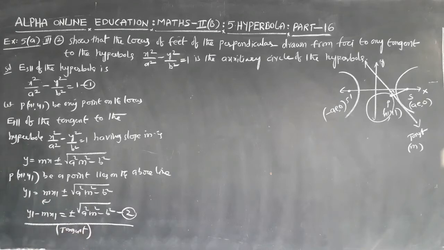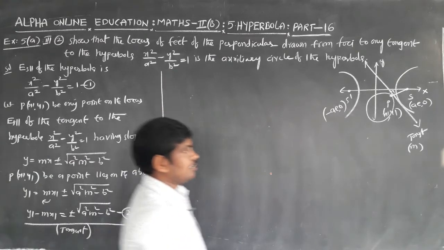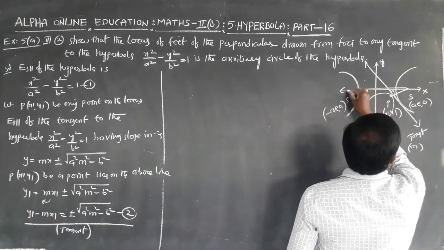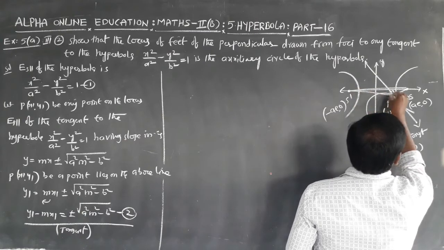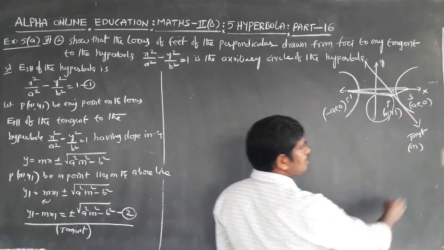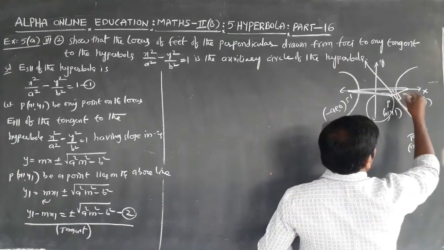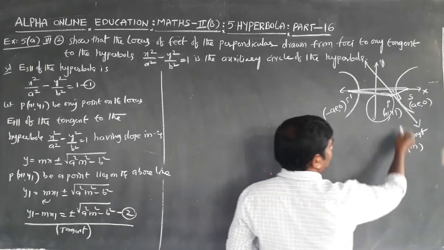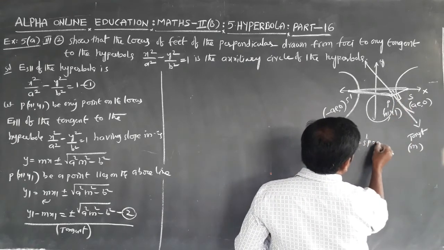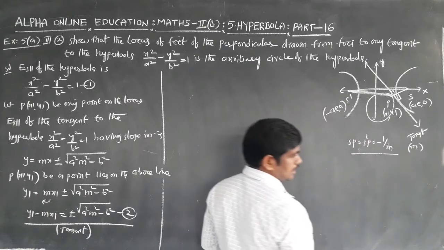Again, find the equation of SP or S dash P. Here m is the slope of the tangent, and SP is perpendicular to the tangent. So the slope of SP or S dash P is equal to minus 1 by m.